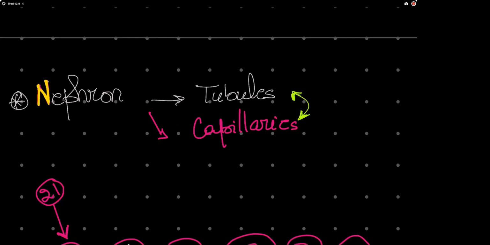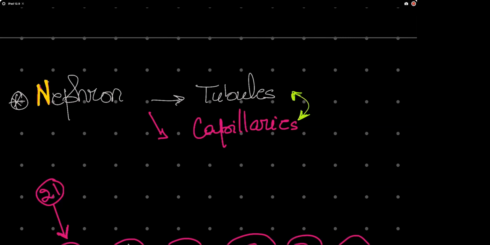And the nephron structure is what dictates how you're going to be forming the urine. The urine formation is mediated by the structure of those nephrons. So what are those nephrons formed of?